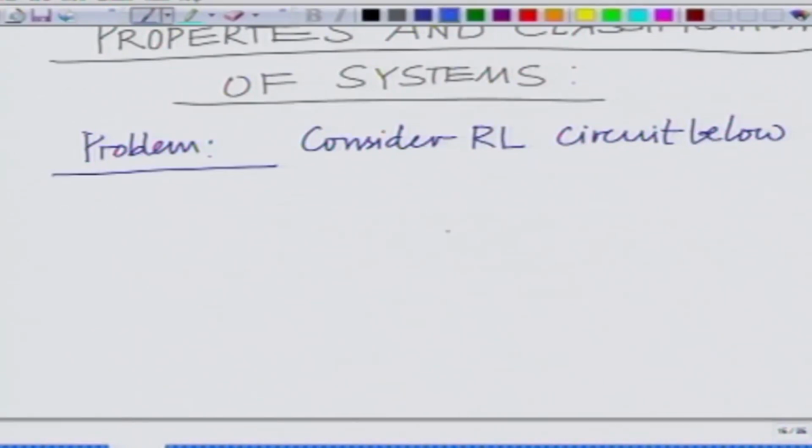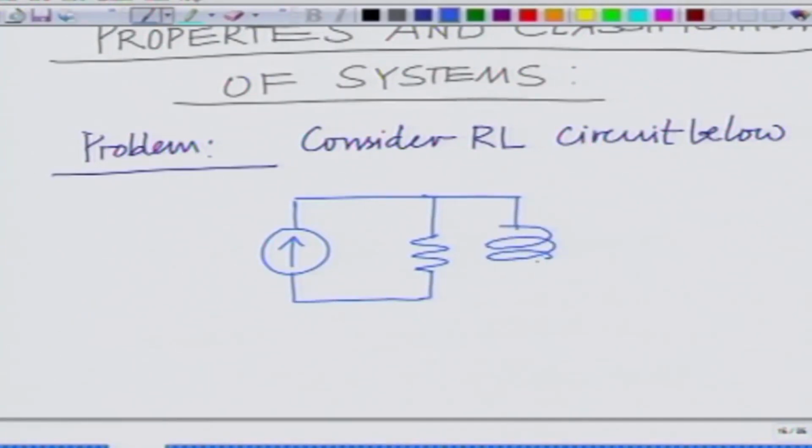Consider the RL circuit below. This is a current source connected in parallel with a resistance and inductance.